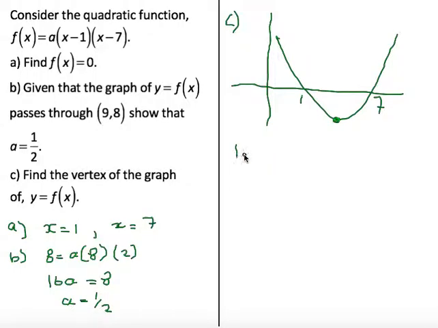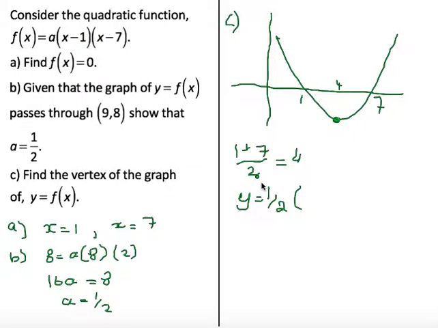So I'm just going to add up the roots 1 and 7 and divide that by 2, which is 8 divided by 2, which is 4, and that gives me the x value, 4. Now to get the y value, I'm going to say it's y equals a, which I know is a half, and x is 4.